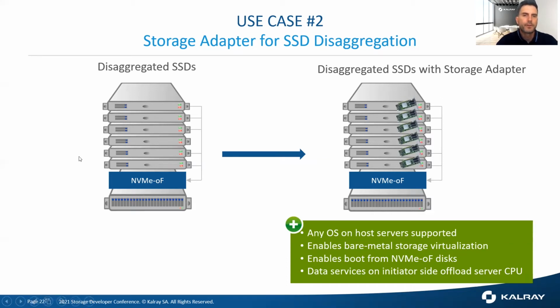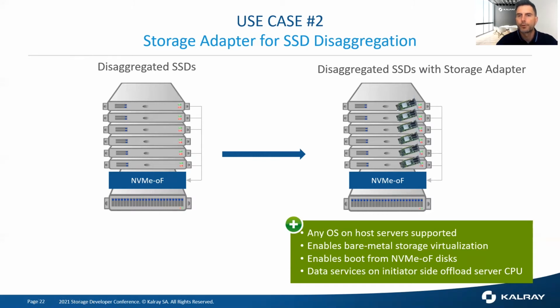Another issue is that it's not possible today to boot from SSDs exposed via NVMe over Fabric, which means that you will need another medium to boot from, be it another shared storage like iSCSI or local SSDs, just to boot. There is still some room for improvement.